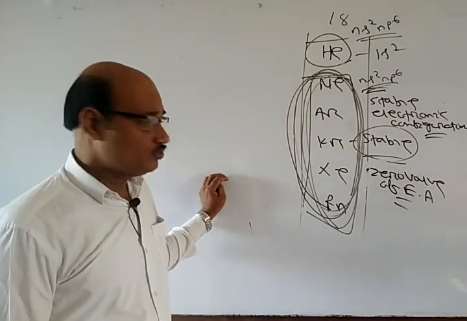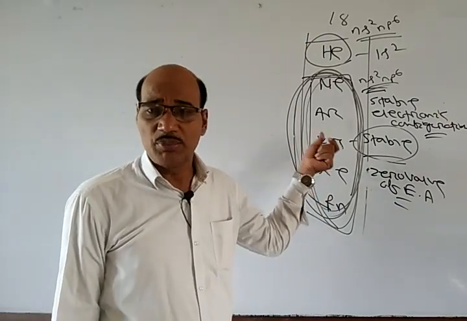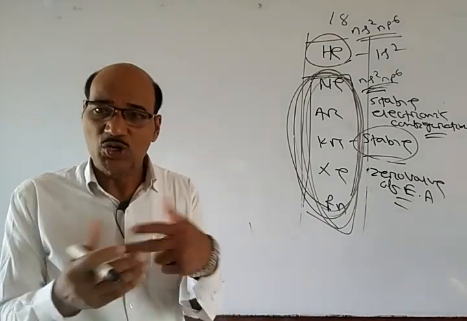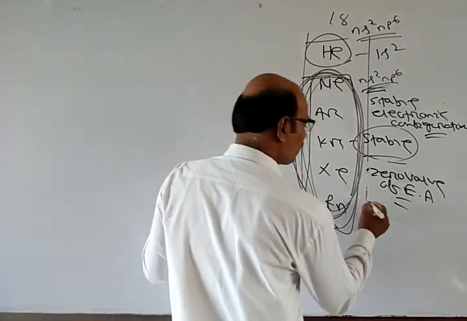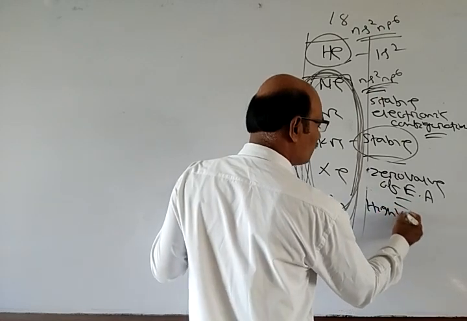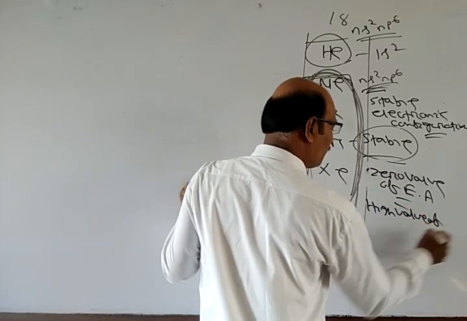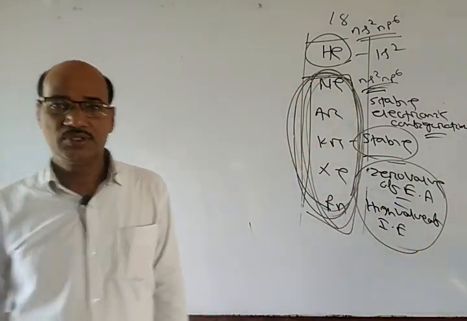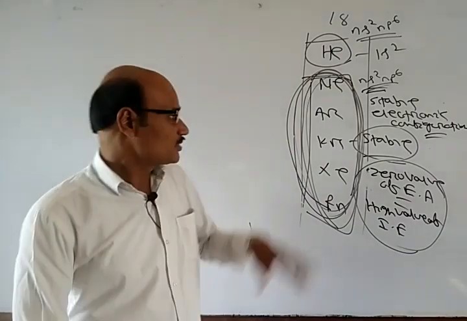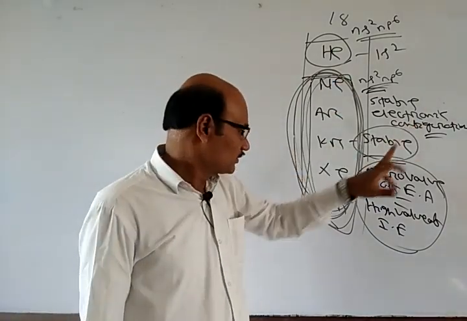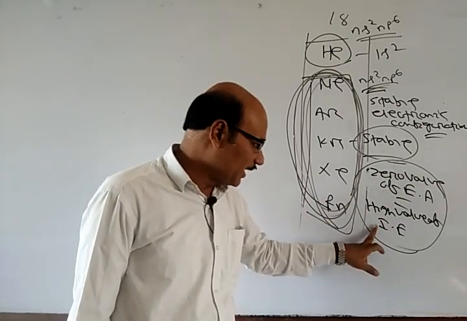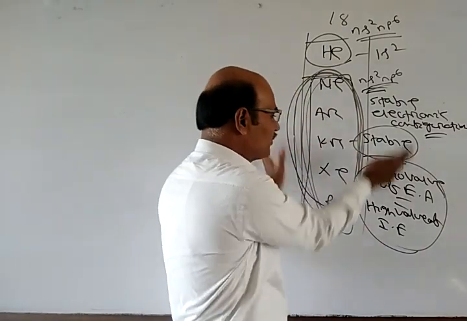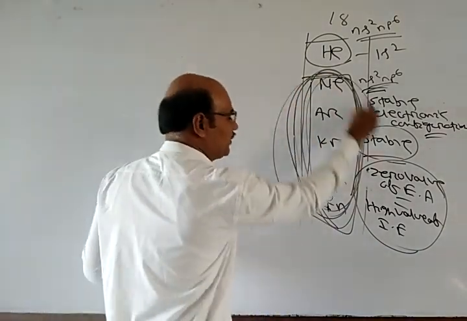Again, due to the stable electronic configuration, they don't want to give any electron. Hence, they have a high value of ionization energy. So, due to stable electronic configuration, the electron affinity is 0 and ionization energy is high. Hence they are not reacting with any other elements and they are stable atoms.